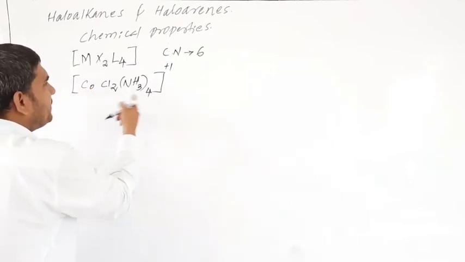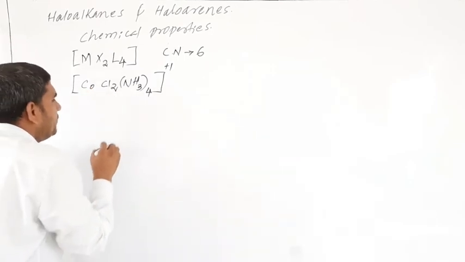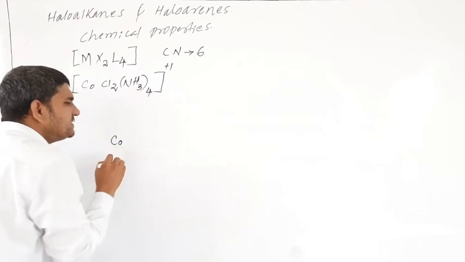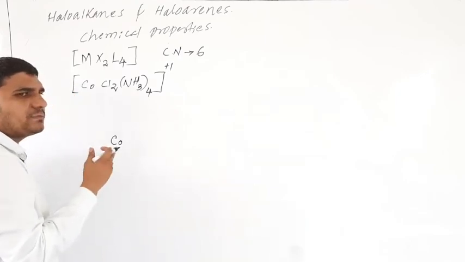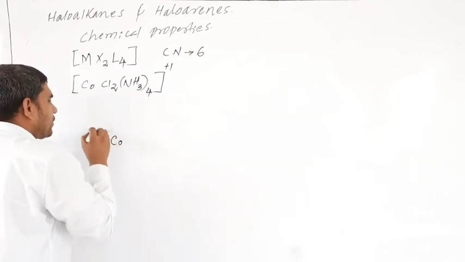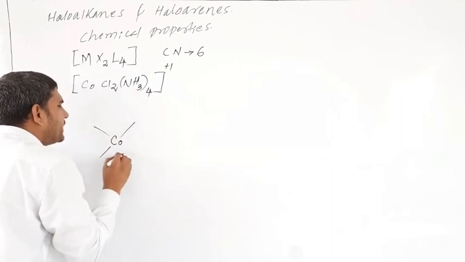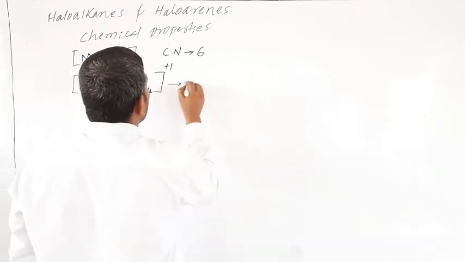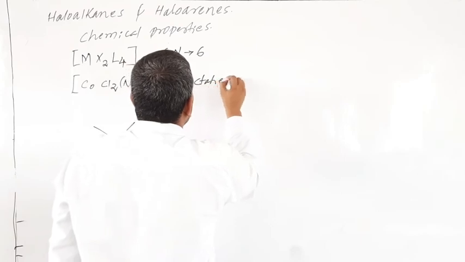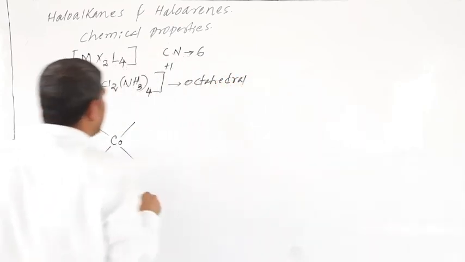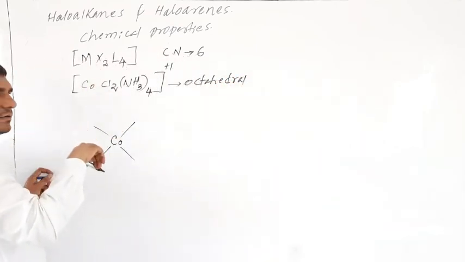How to write the geometrical isomers of this compound? I told you, cis means adjacent to each other, trans means opposite to each other. This is an octahedral complex, earlier it was square planar.